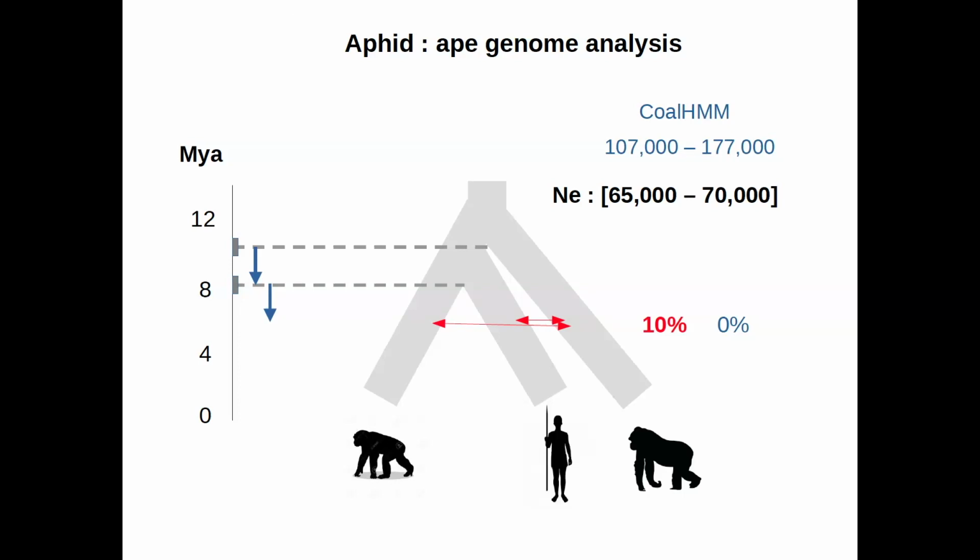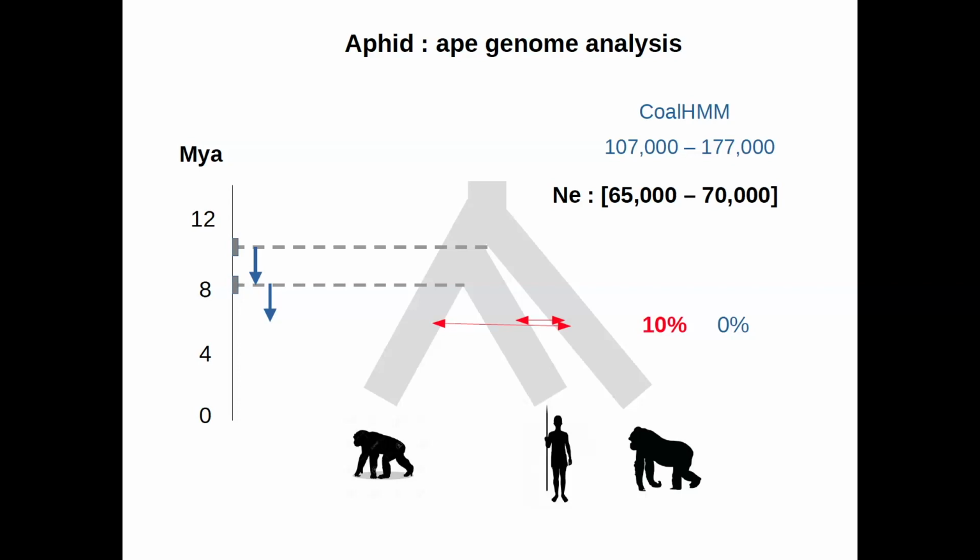What I'm showing in blue are estimates from another method, the Coal-HMM method, which has been used many times on this kind of data set. The Coal-HMM doesn't consider gene flow, hence the 0%.